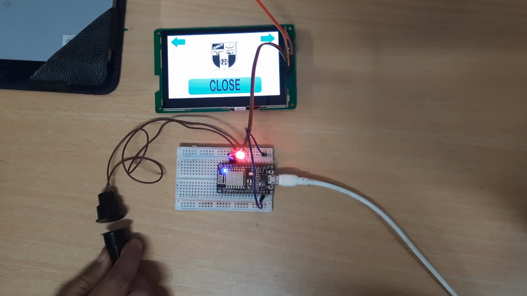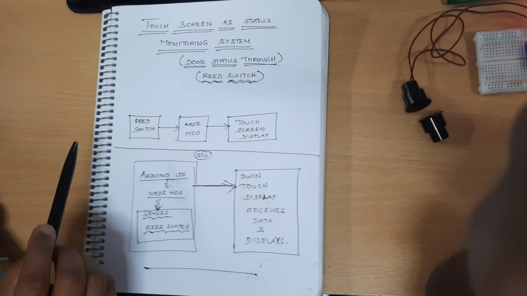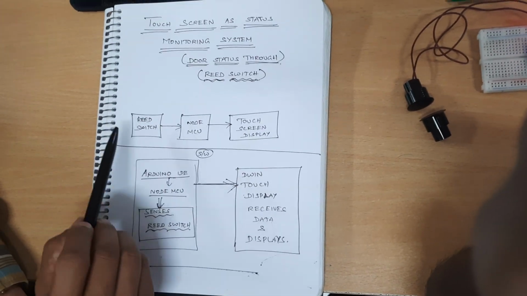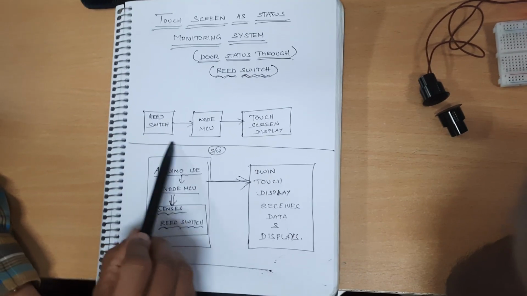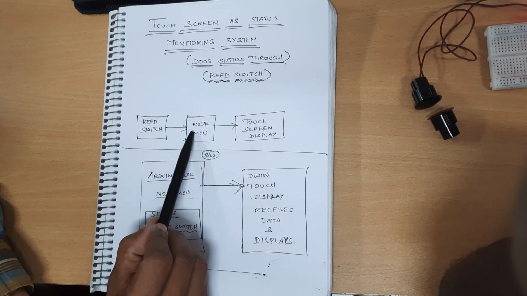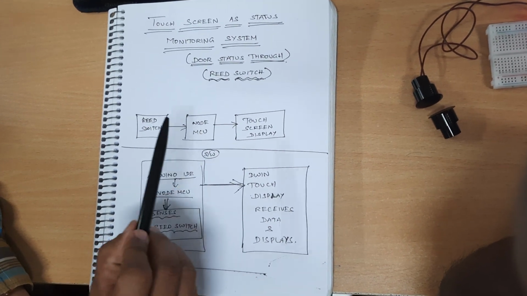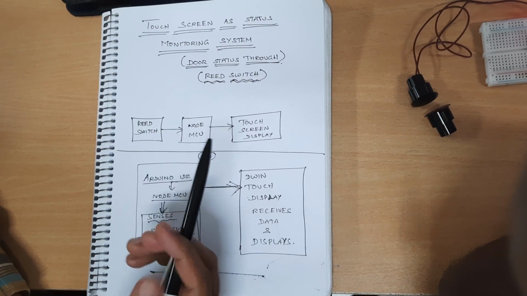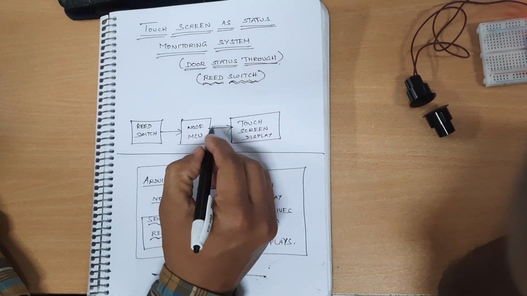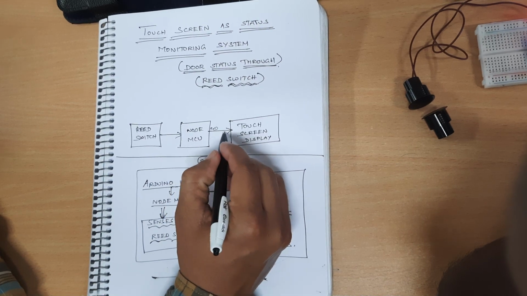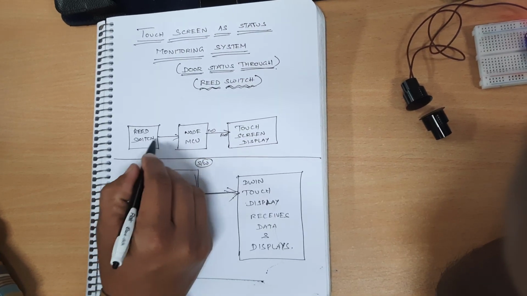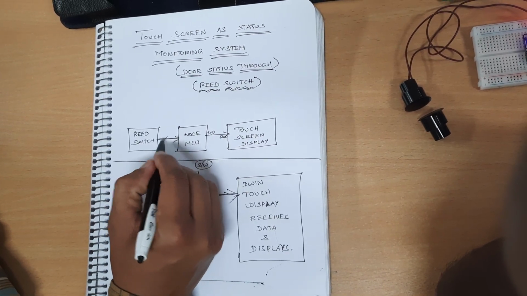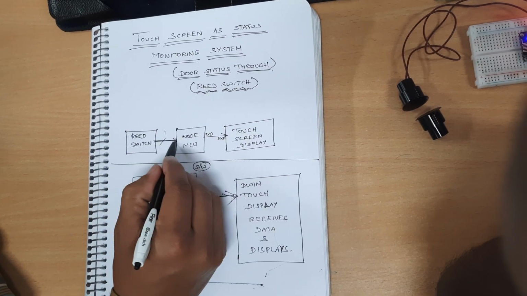So here, if you look at this block diagram, there is a reed switch which is sending the information to the node MCU. Node MCU is communicating with the touch screen using a serial port, where this is TXD data and this is RXD data, and the reed switch is giving 1 bit, logical 1 or 0.